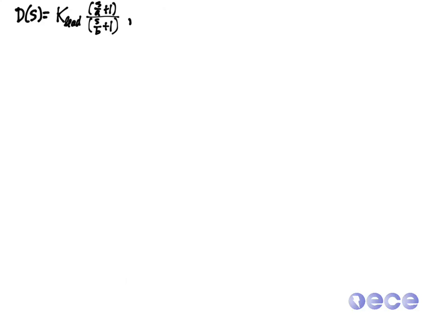And I know that a over b is going to be equal to (1 minus the sine of our increase) over (1 plus the sine of our increase).